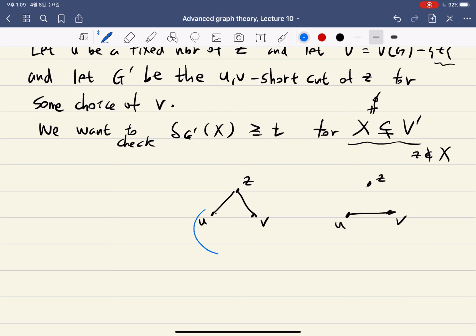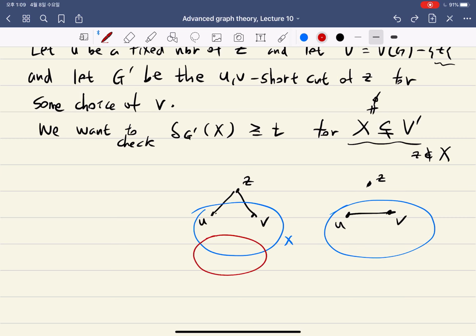So if X contains both U and V, then it might lose two edges, 1, 2, which are leaving X. And if it doesn't contain either U or V, then the number of edges leaving is the same, so we don't really have to worry about that.